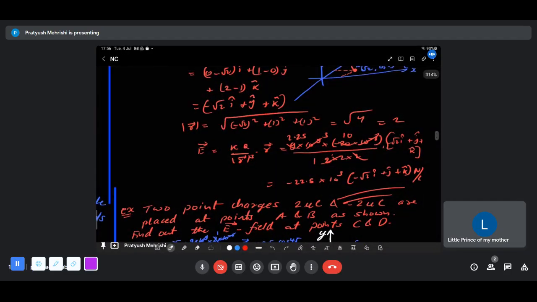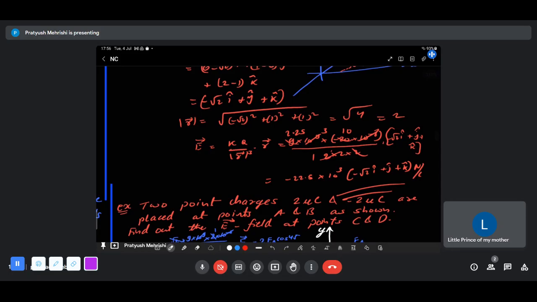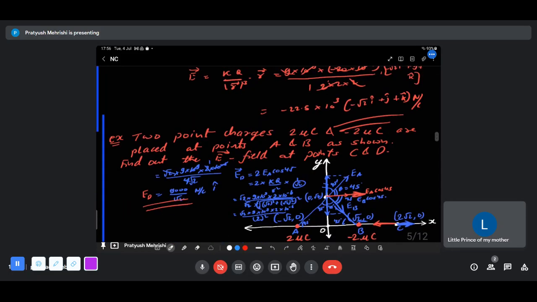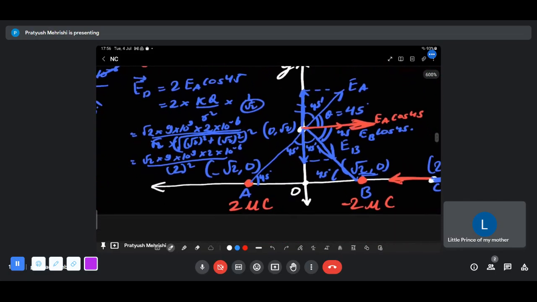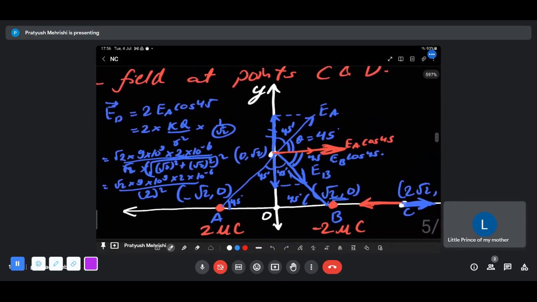See this next question. 2 point charges of 2 microcoulombs and minus 2 microcoulombs are placed at points A and B as shown. Find out the electric fields at point C and D. Wait a minute.